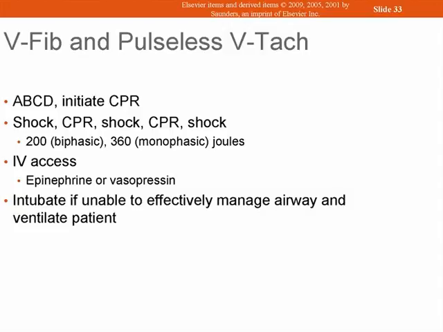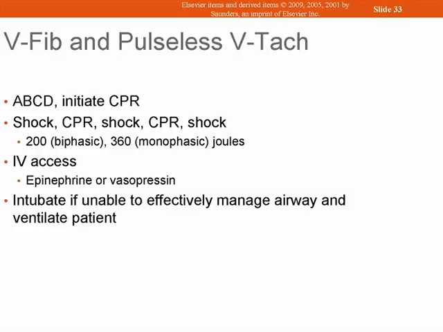Okay, so two rhythms that you really need to be aware of and should be able to rapidly respond to would be VFib and pulseless VTach. These are shock rhythms. So remember, ABCD, airway, breathing, circulation, defibrillate. Initiate your CPR.